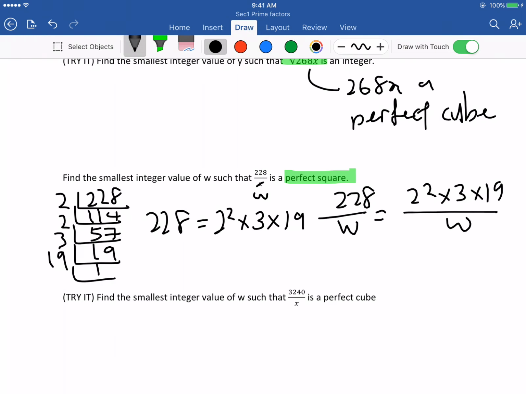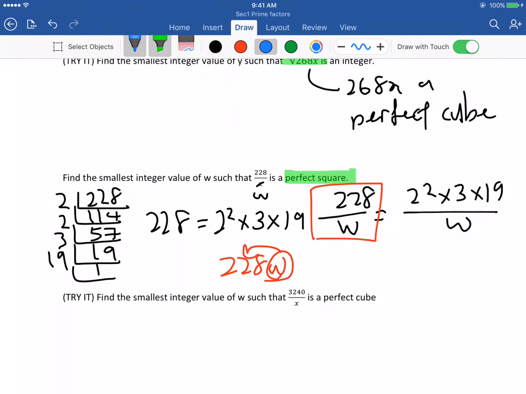What's the difference between this and the previous question? Just now the question was in terms of 228w, which means you multiply w to 228. But now it's 228 over w, which means you need to divide. In this case, you need to take it out instead of putting in.